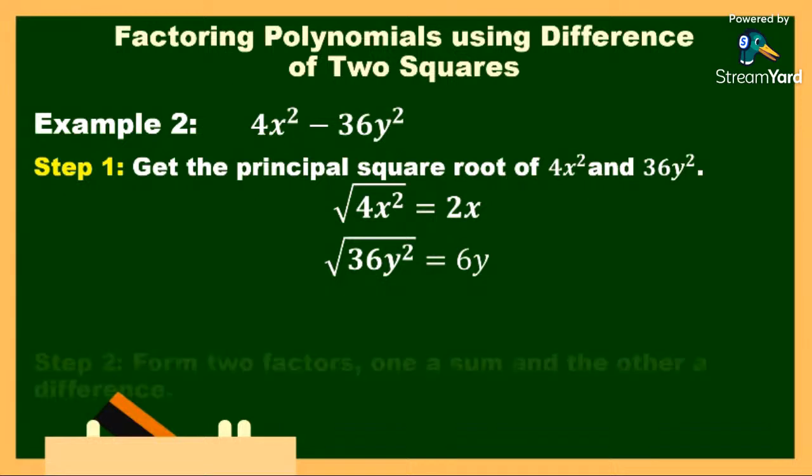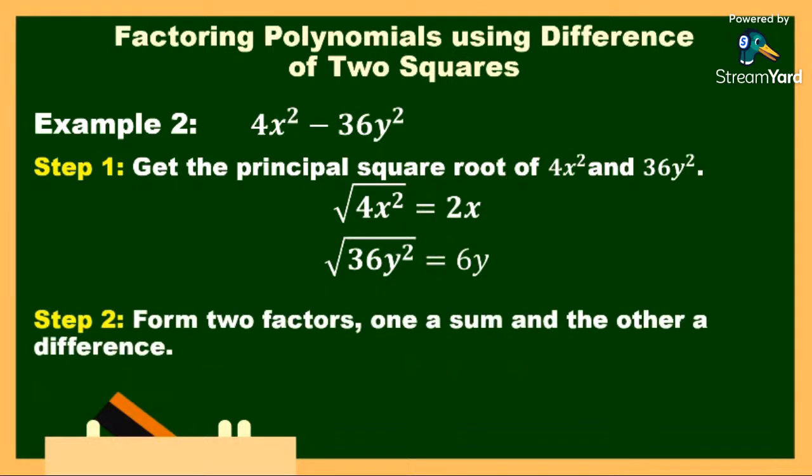Then, ang susunod natin gagawin ay magpo-form tayo ng dalawang factors. Ang isa ay sum of two terms and ang isa naman ay the difference of two terms. Gagamitin natin dito yung ating square root na 2x and 6y. So, we have the factors of the quantity of 2x plus 6y and the quantity of 2x minus 6y.